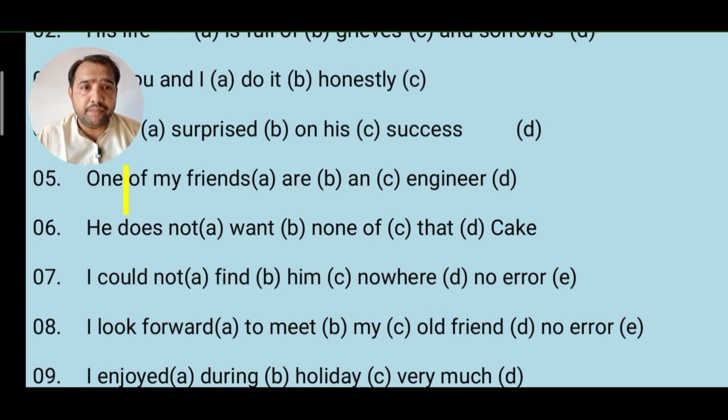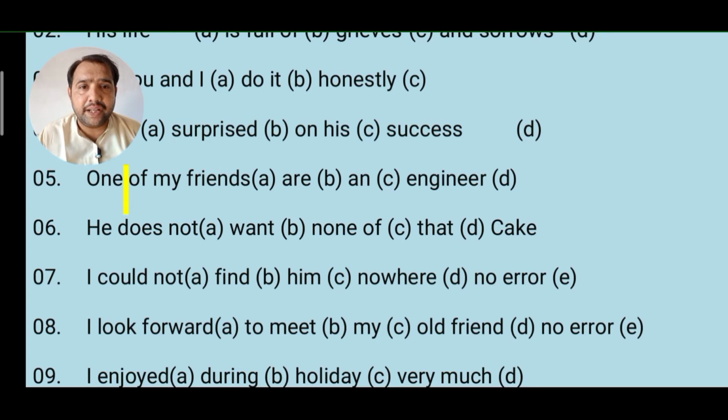I could not find him nowhere. Here this sentence also resembles the sixth sentence. How? Because here our first part we have made negative, we have used not, so we should place not nowhere but anywhere.